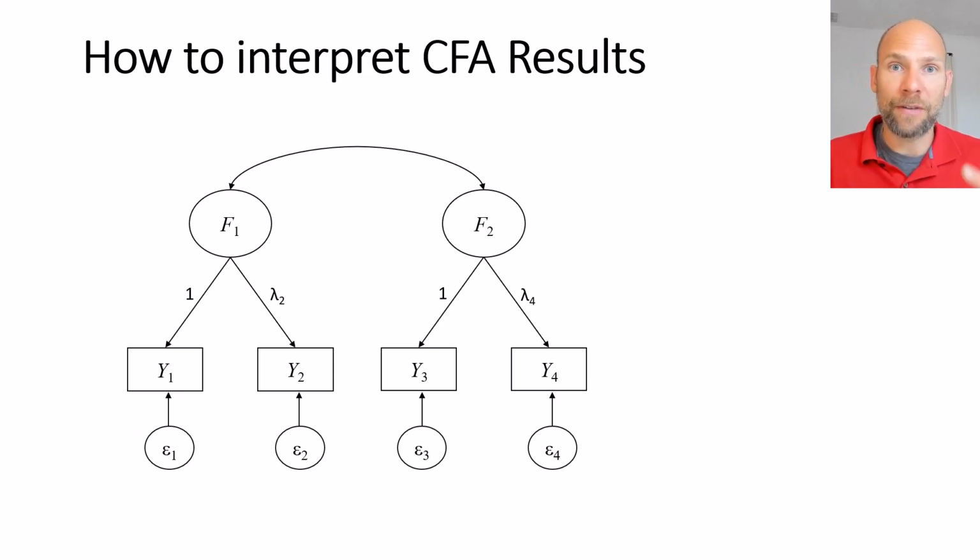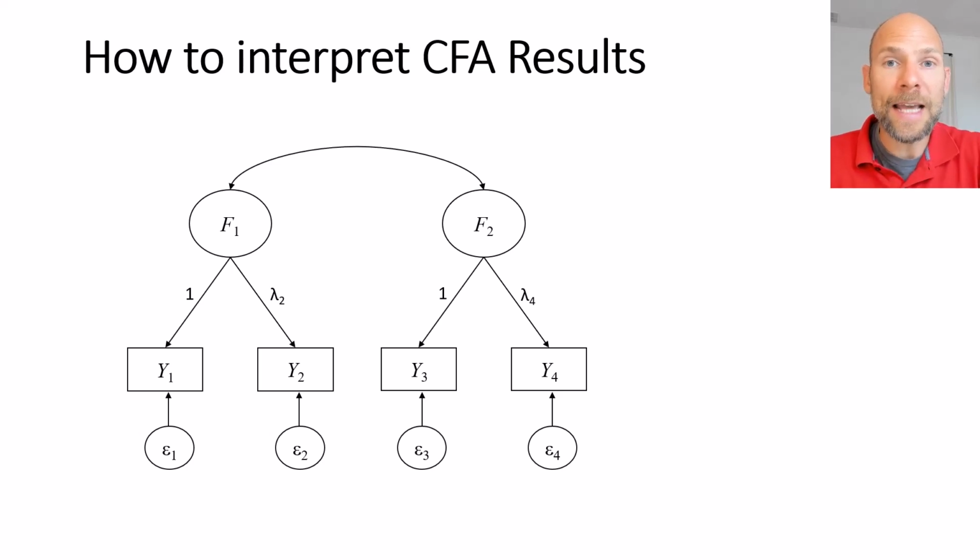But that's to say very briefly what a CFA is about: testing a hypothesized factor structure, determining variable validities and reliabilities, determining construct validity, discriminant and convergent validity, and other issues related to the relationship between factors and variables.